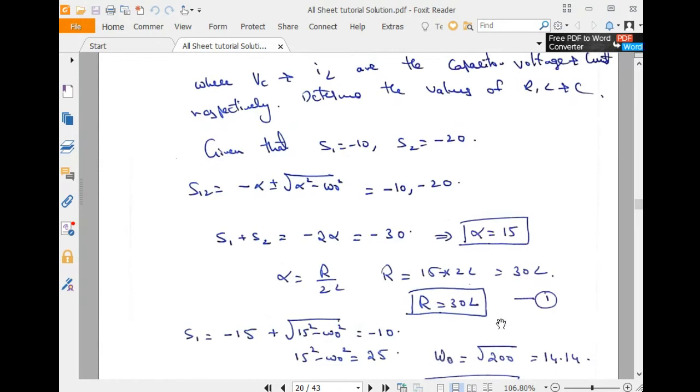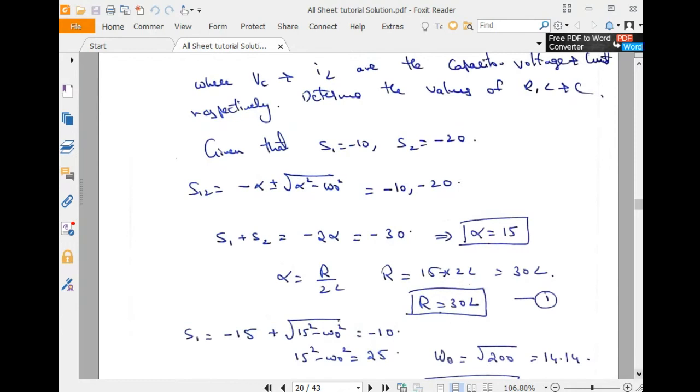Using this, you got alpha equals 15. So R equals 15 multiplied by 2L. Substitute the value of alpha, you'll get R equals 30L.